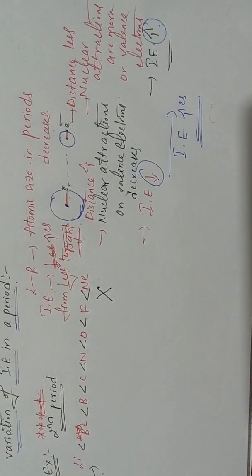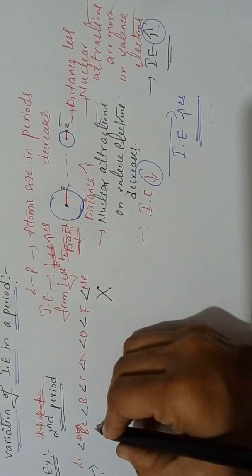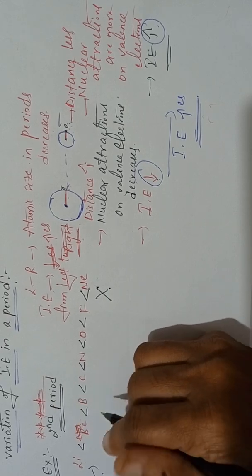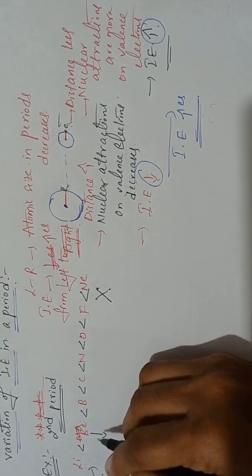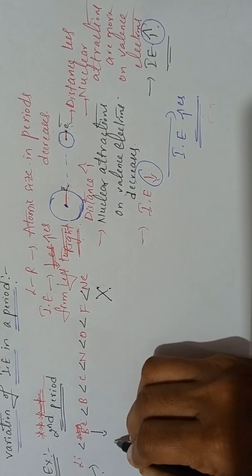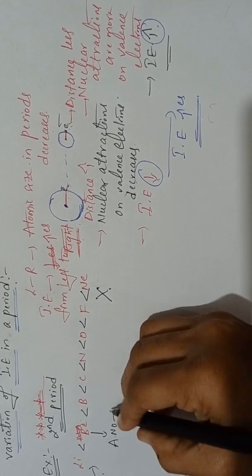Why is it wrong, students, in the periods? Because if I take beryllium, I am writing only the beryllium electronic configuration. Atomic number, first I am writing atomic number 4.